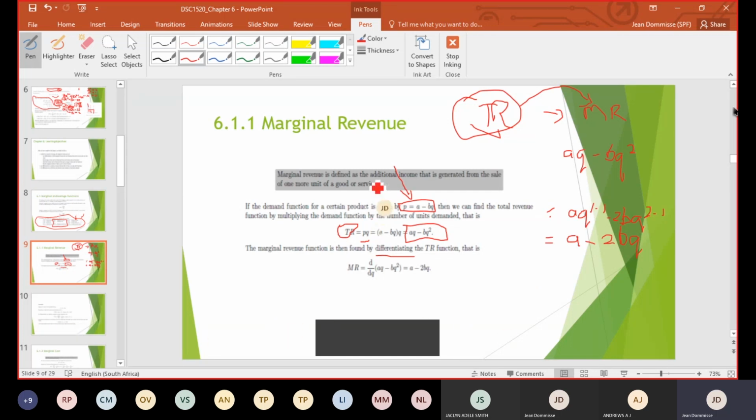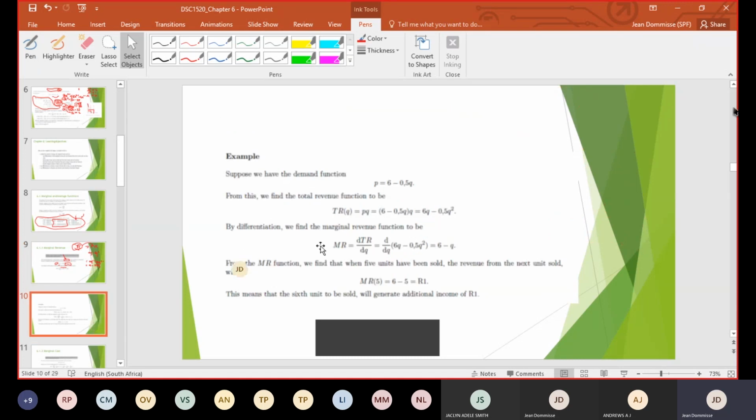But I think let's go into another example so that we can just get our heads around it, if that is okay with everyone. So let's just quickly check into this one. In this example, they tell us that is your demand function.